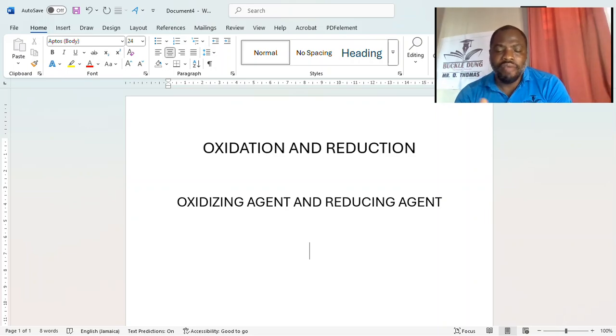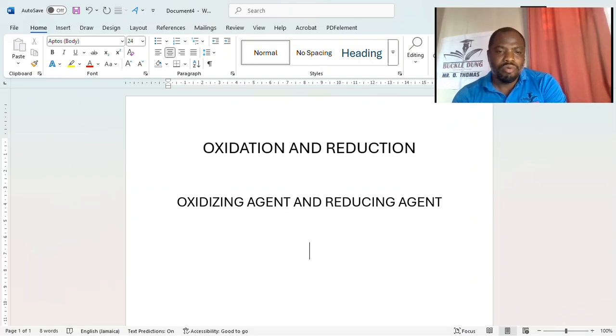Likewise, if you put a reducing agent with another reducing agent, you won't have a reaction. You do, though, have some compounds that act as both oxidizing agent and reducing agent.